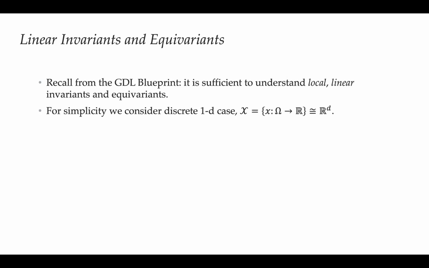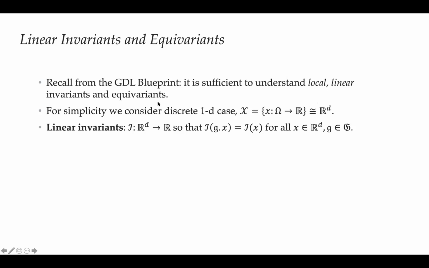So in other words, if we can characterize and describe perfectly the linear invariant and equivariant maps, then we can combine them together into a very powerful representation. So that's what we're going to do now. We're going to try to completely characterize the linear equivariant and invariant structure of the translation group. And again, I'm sticking with my favorite example, the 1D discrete case.